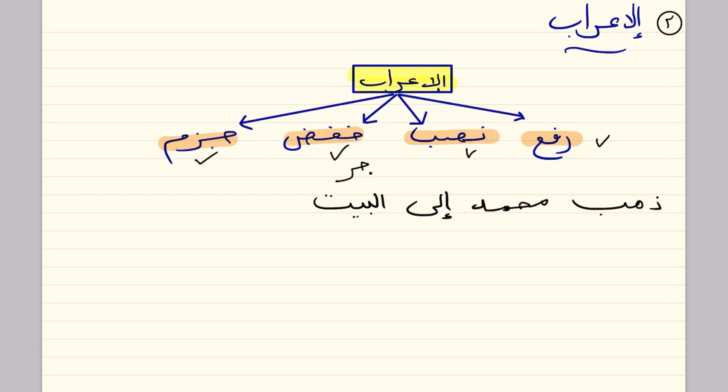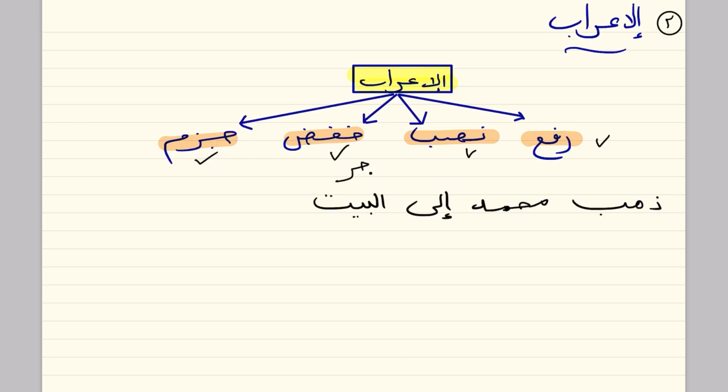So let's take a simple sentence. ذهب محمد إلى البيت. This is as simple as it gets. Now, the word endings. What haraka do you put at the ending of each word? That is what al-i'rab is. ذهب.